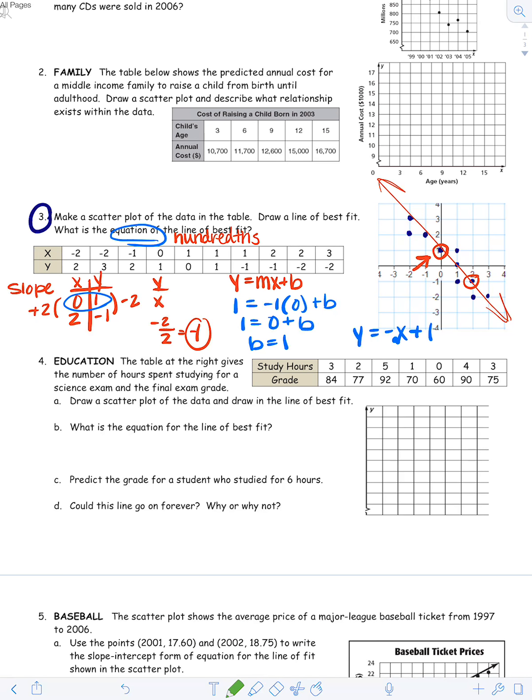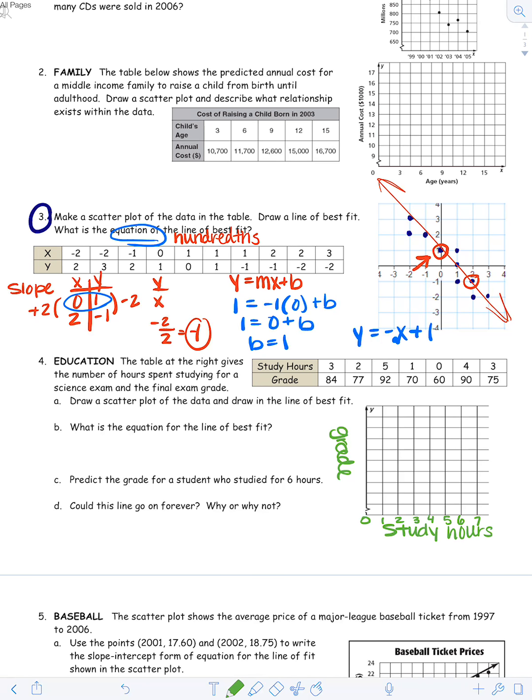So for this, our independent variable would be the study hours, and then our y is the grade. Now for my x-axis, I'm going to start at 0 and just go by ones. And for my y-axis, 60 is my lowest, 92 is the highest.